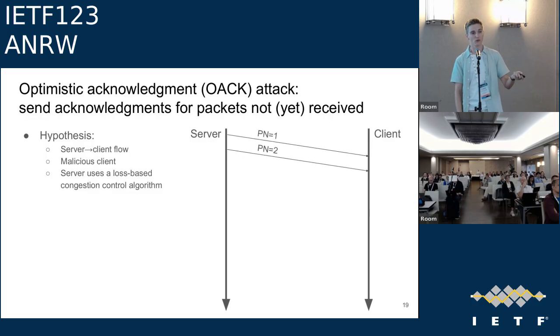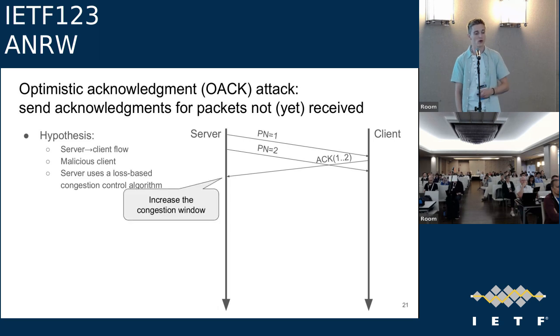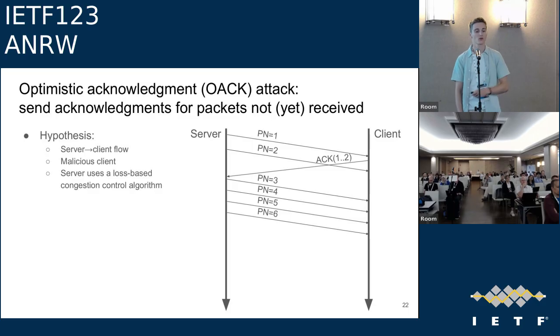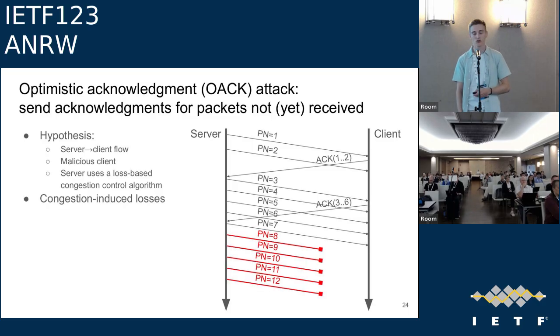So here the server will send some data to the client. The client will acknowledge this data. So the server will say, oh, that's great, I can increase my congestion window and send more packets. The client can acknowledge all the data. And once again, the server will increase its congestion window. Now let us consider that because of this new increase, we generate congestion in the network, and so we have losses.